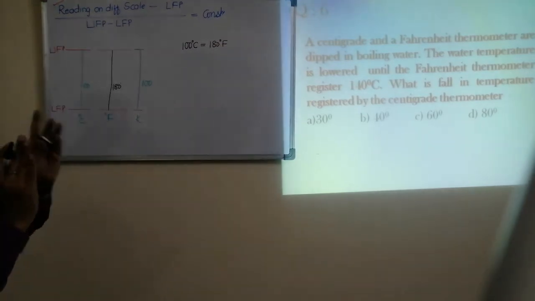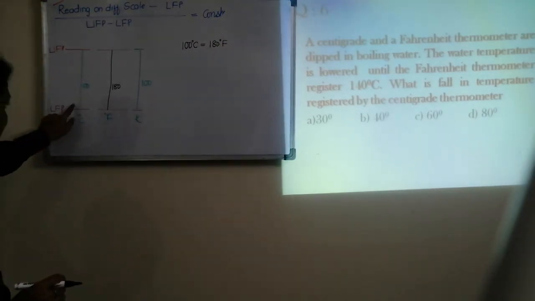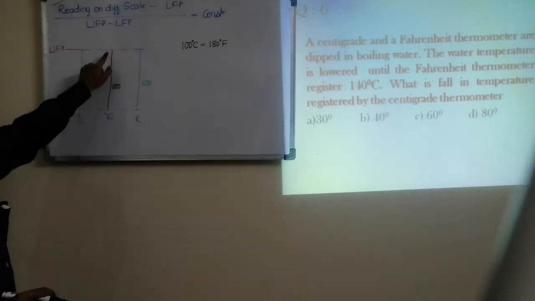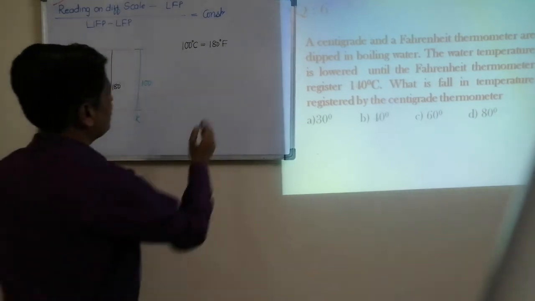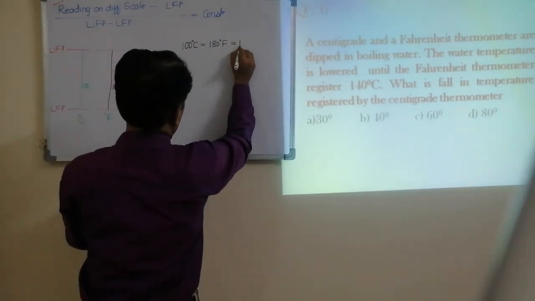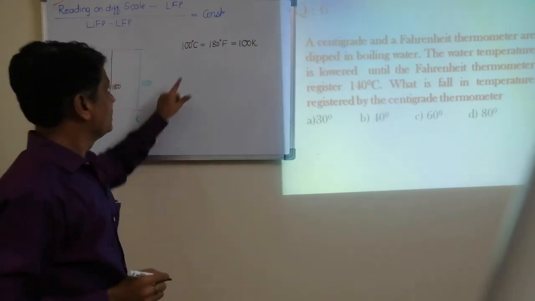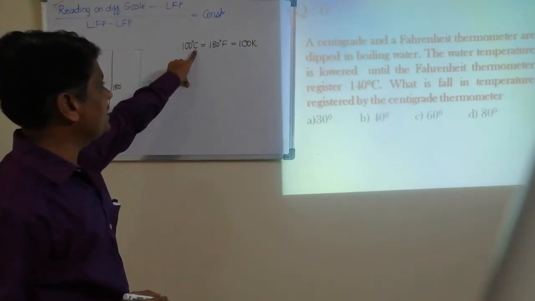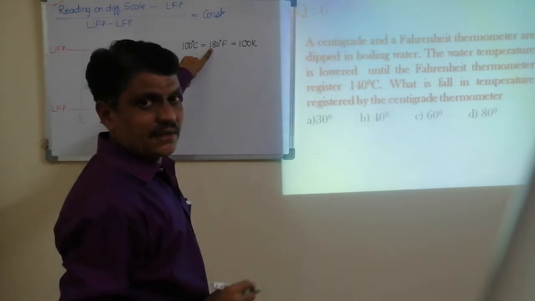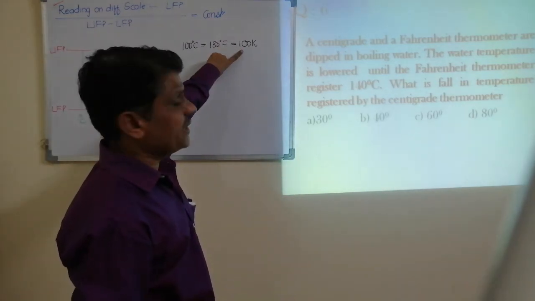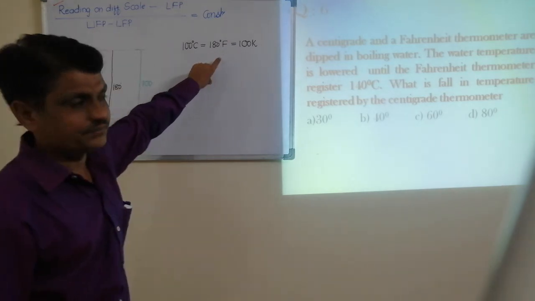Whenever we provide a certain amount of heat, if there is a change of 100 degrees Celsius, then there is a change of 180 degrees Fahrenheit and also 100 Kelvin.